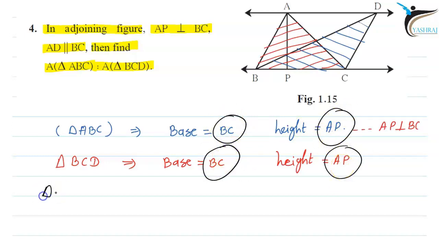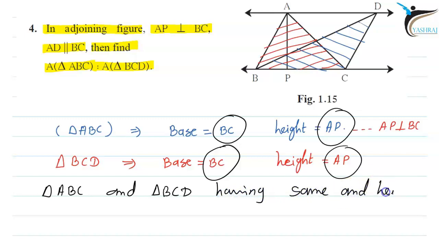So I am writing here that triangle ABC and triangle BCD have the same base and height. Once they have the same base and height, what about the ratio of their areas? Area of triangle ABC divided by area of triangle BCD equals, as per the formula, the ratio of their bases and respective heights.